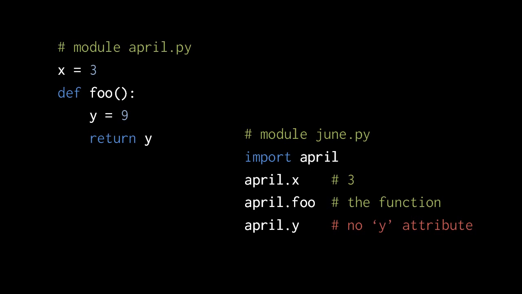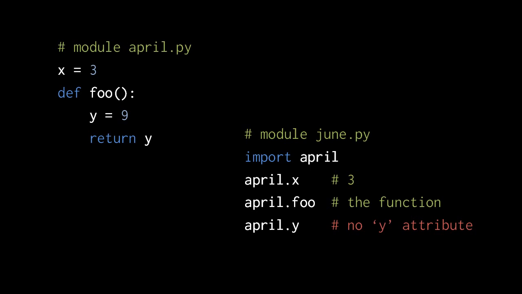Over in the June module, we can access the April module by importing it with an import statement, which we'll explain more in detail later. But in short, what happens with the import statement here is first Python looks for a module called April. If that module has not yet run, Python will execute that module and create a module object for it. And then back in June, the import statement is implicitly an assignment.